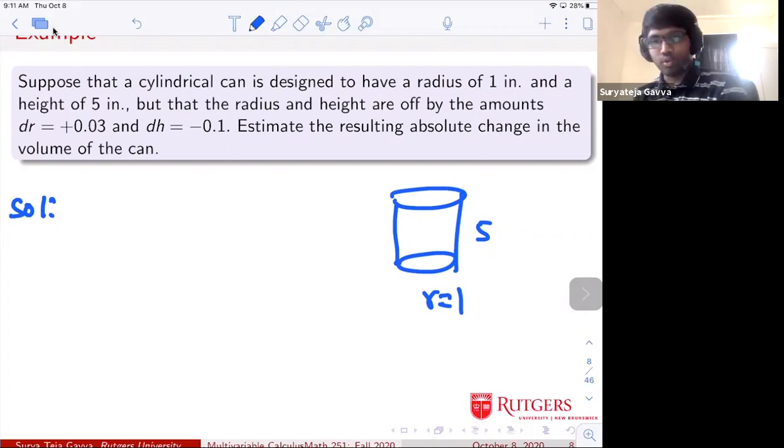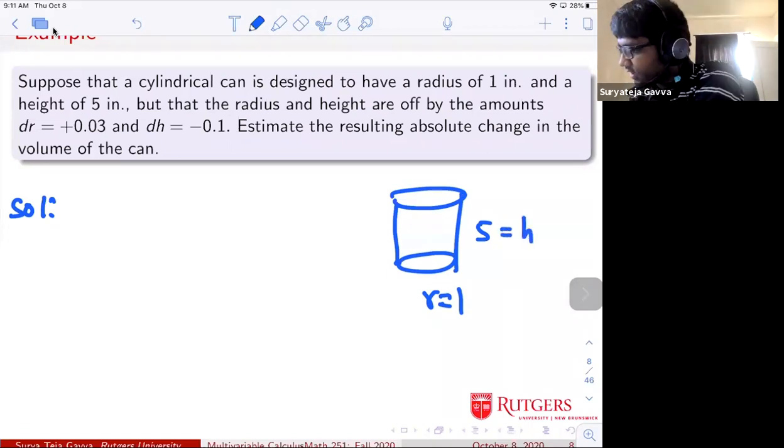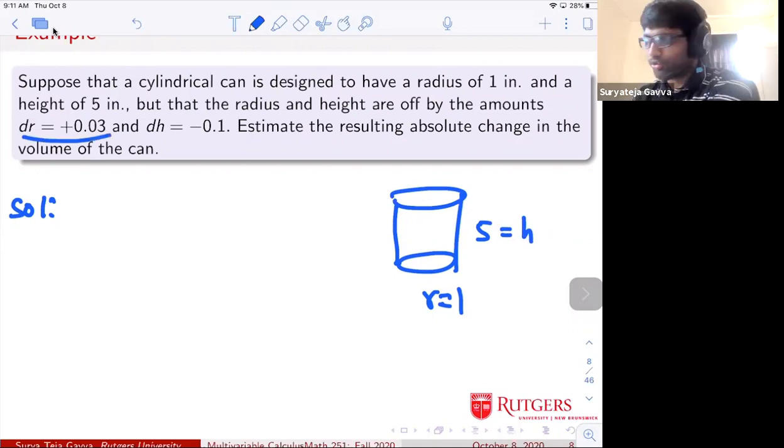But it's not exact. You know that the radius is 1 and the height is 5, but somehow the radius is off by 0.03 and the height is off by 0.01. Can you compute the change in the volume?